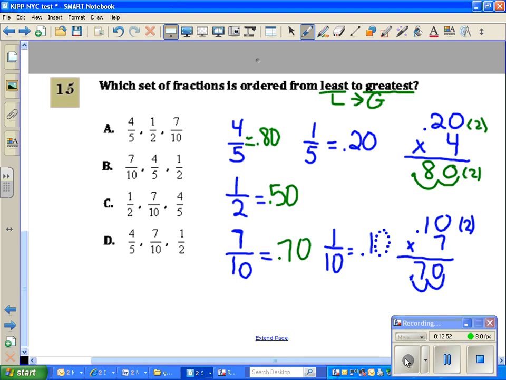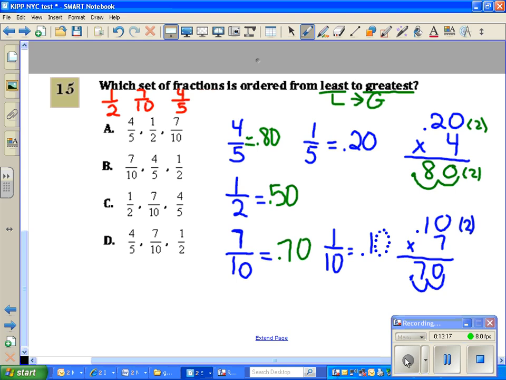So when I look at these and I'm going from least to greatest, the order that I want is, I want it to be 1/2 because that's 50 cents. Then I want it to be 7/10 because that's 70 cents. And the largest of all of them is 4/5 because that's 80 cents.